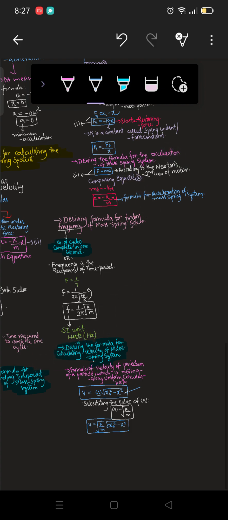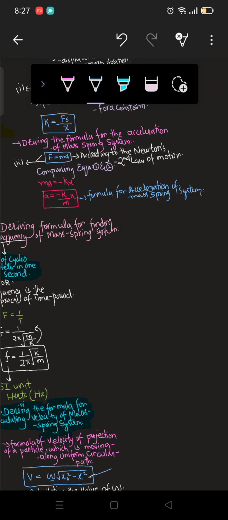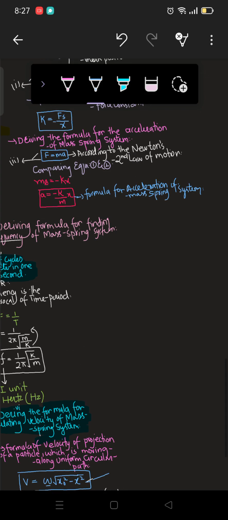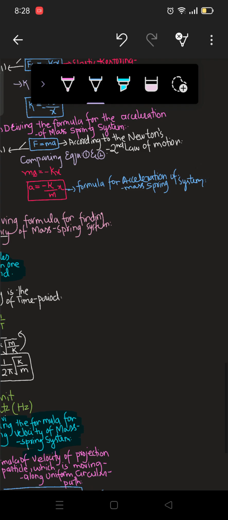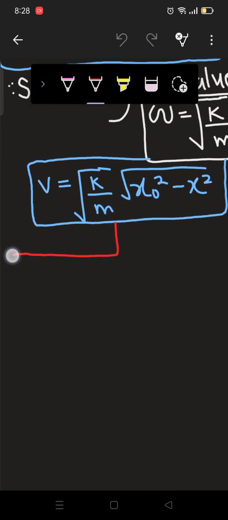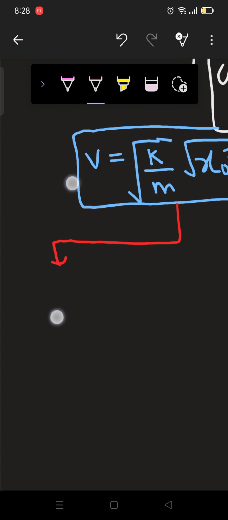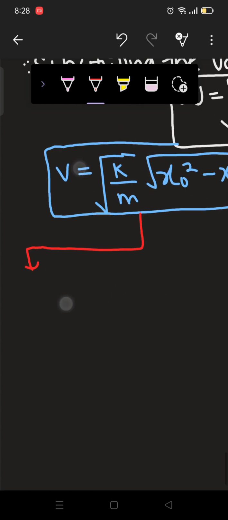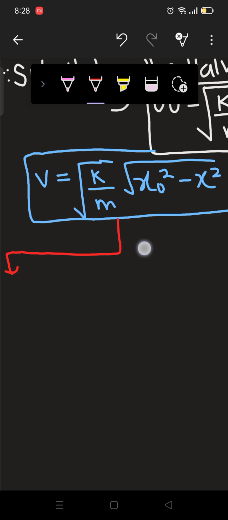So today we are going to find the maximum and minimum velocity.